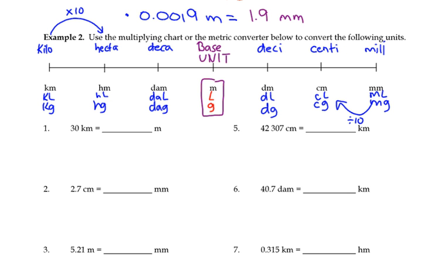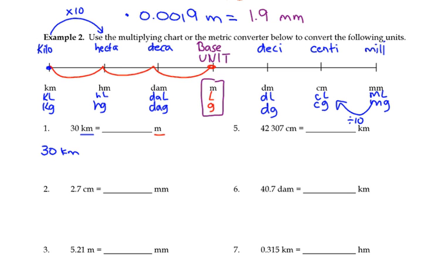So here we have 30 kilometers. So I look at the unit I have. I have kilometers, so I'm starting off right there. Okay? And I want meters. So to get there, I'd have to go 1, 2, 3, 4, backtrack, 3. 1, 2, 3. That's where meters is. So we're going 3 to the right.